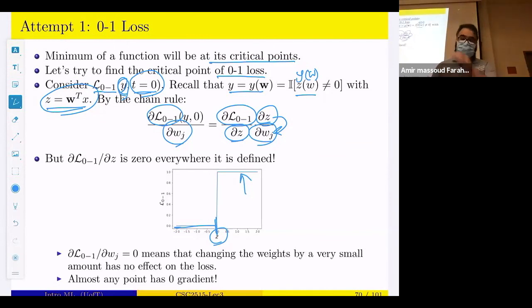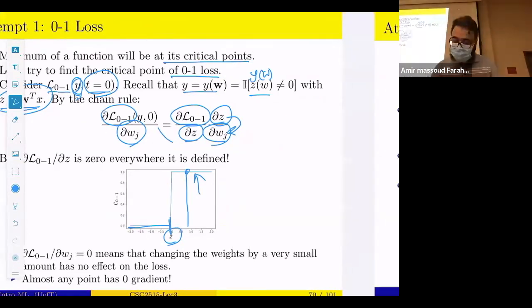Yes, on the chat we have 0 everywhere except the threshold, where the function is not differentiable. The issue is that essentially we don't get any gradient information here. If our z is here, we don't get any gradient information through this chain rule. So we can't know what direction to go in order to decrease the loss function. This intuitively shows why gradient descent would not work in this case.